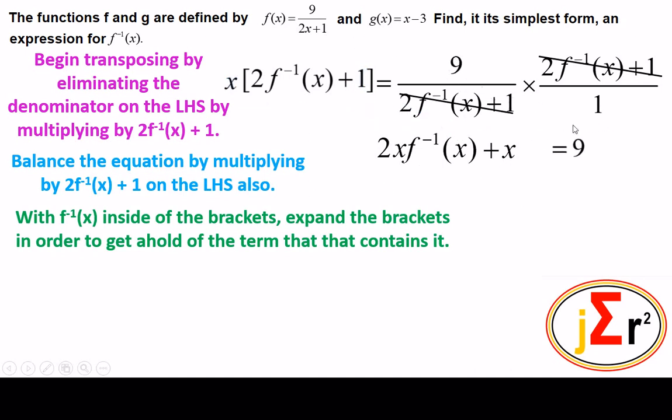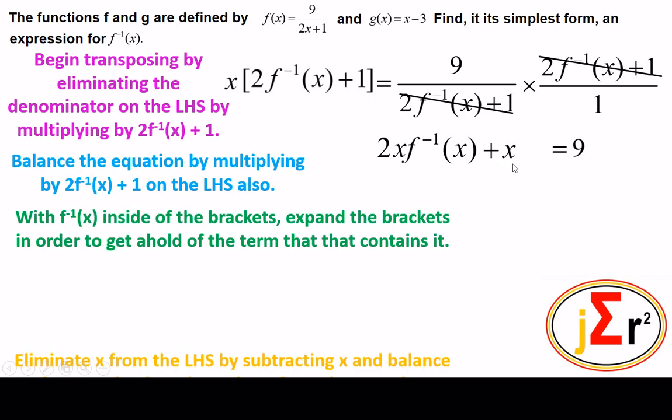Our next step, of course, is another step of transposition, which will eliminate all the terms that do not contain f inverse x from that left-hand side. Now f inverse of x is on the left-hand side, and we need to eliminate all of those terms that do not contain f inverse x from the left-hand side, if there is any such term. And there is a particular term right here, plus x.